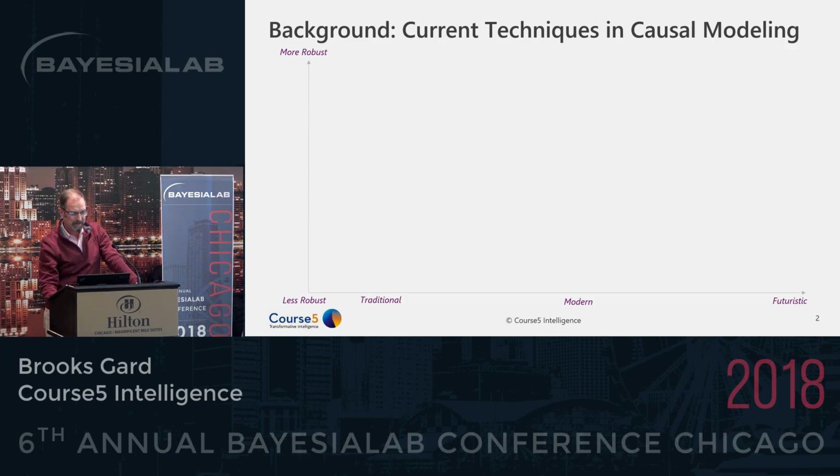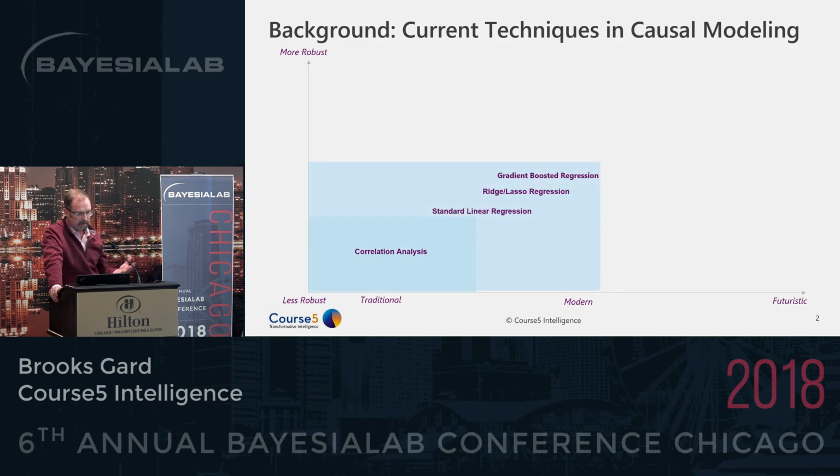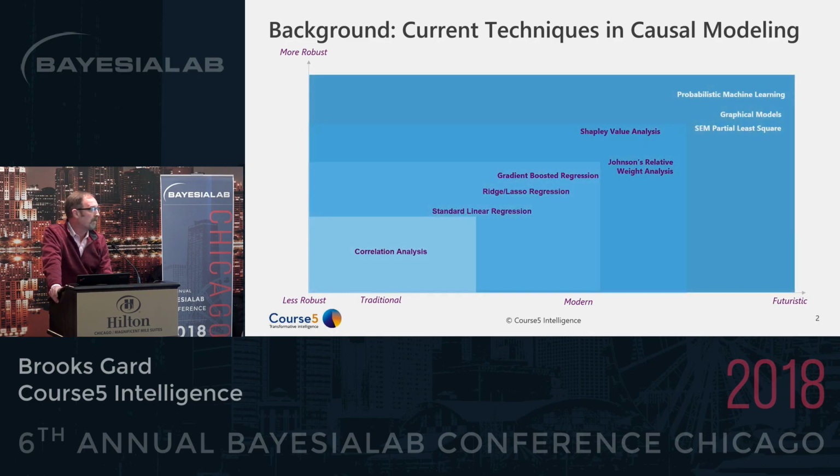All right. So traditionally, we use a lot of different techniques to go through and create key driver analysis and look at associations between variables. So I'm sure you're all familiar with these, and as they go up, the importance and the robustness of them, you have correlation analysis, and you have standard linear regression, different techniques, Shapley value analysis, Johnson's relative weight, and then as we get up to the more heavily computational aspects of it, probabilistic machine learning and graphical models, as you're all aware.